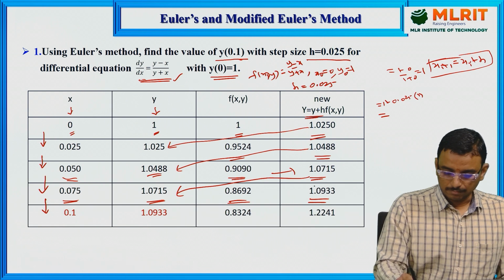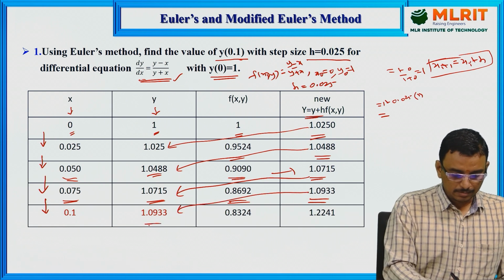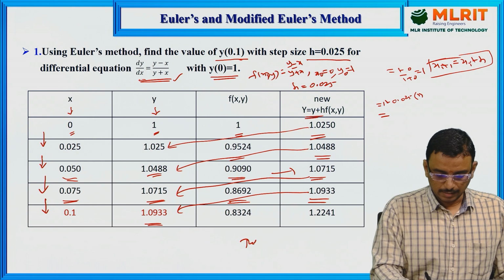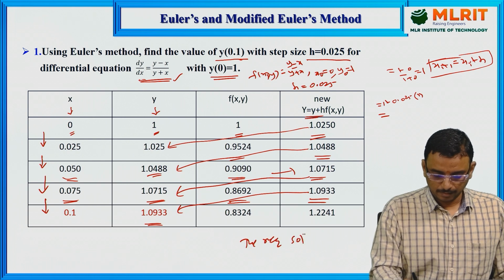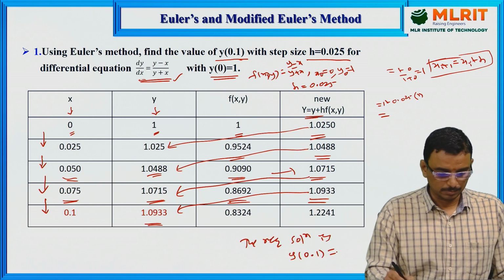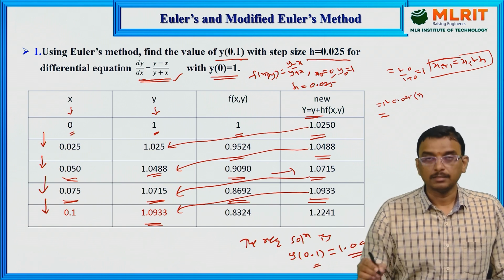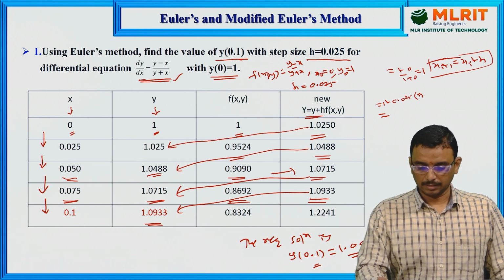So now this value is written here. So this is the required value. So the required solution is y of 0.1 is equal to 1.0933. So this is our x1 value and this is the y1 value. So this is our required solution.